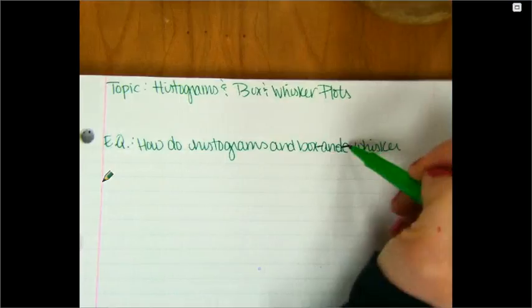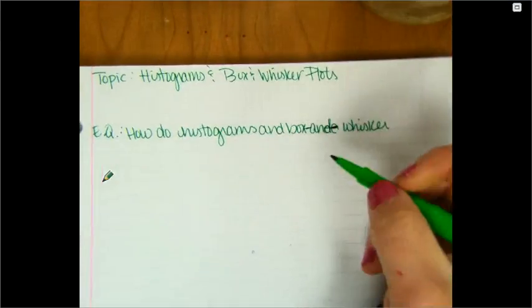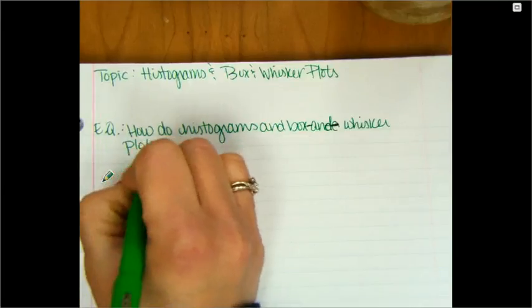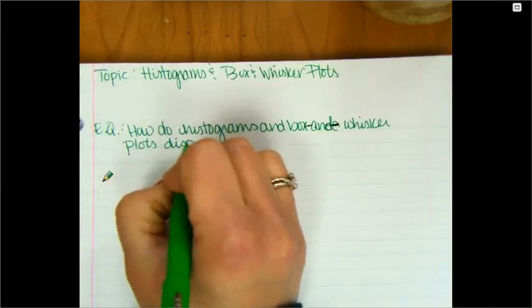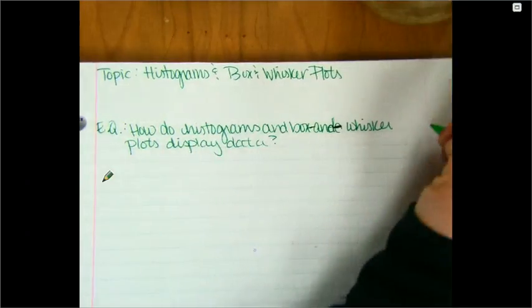That's not an E, that's a dash. How does that box and whisker plot?